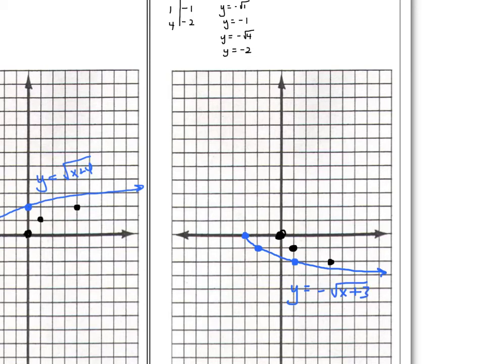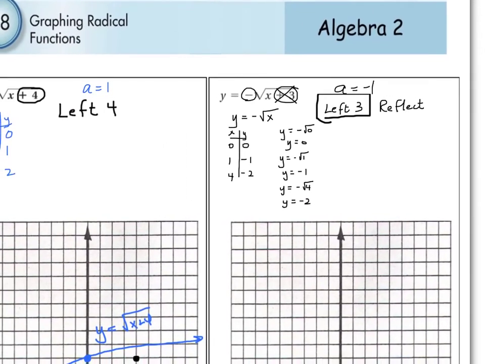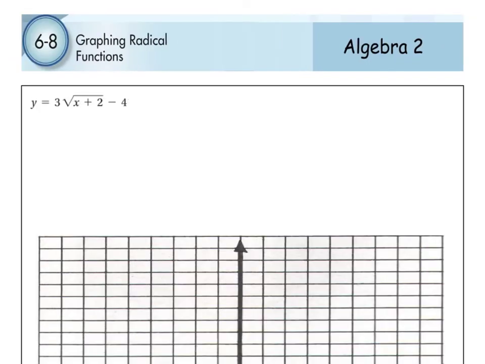Okay, so anytime a is not 1, this is how you want to do the problem. Okay, you're going to want to graph the first part of it, y is equal to the negative square root of x. Take the shift out, and then do your shift at the end. Okay. All right, now let's take a look at this last example. This one here, my a value is not 1.